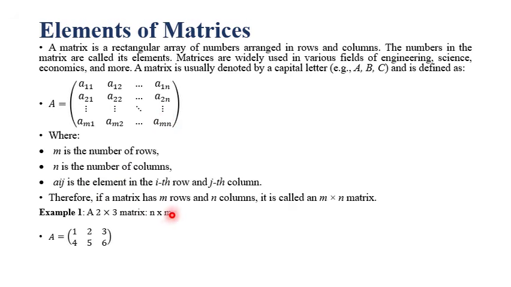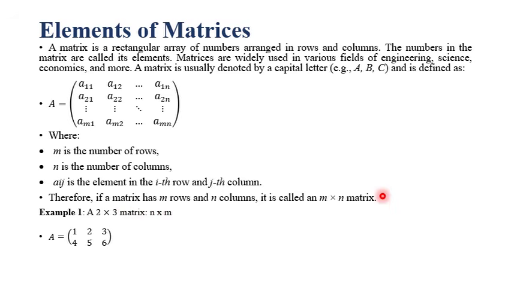So now if a matrix has m rows and n columns, it is called an m by n matrix. So for example, take this matrix. This is a 2 by 3 matrix because it has 2 rows and 3 columns. This is the correct one there. I think this is just an oversight.